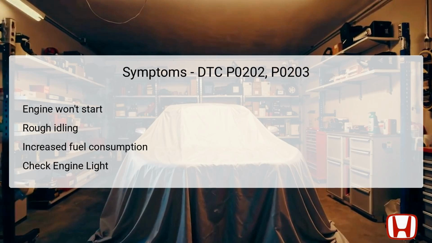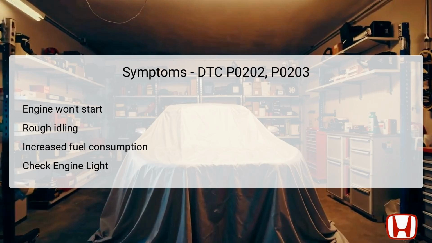The symptoms associated with DTCs P0202 and P0203 can vary, but typically include issues such as the engine failing to start, which is often the first indicator of injector problems. Rough idling might occur as the engine runs inconsistently due to improper fuel delivery.